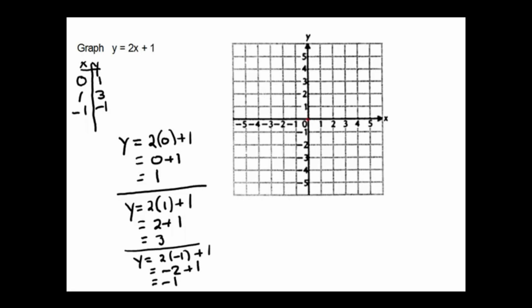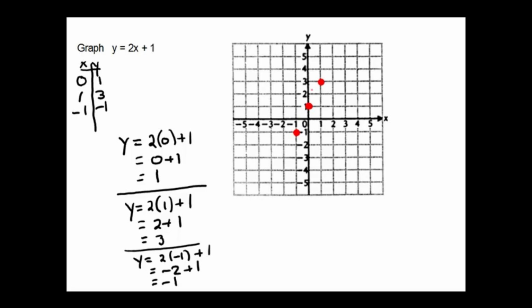Now we'll plot those points on our rectangular coordinate system. So first 0, 1. We'll start at 0, 0, and it says don't go over, but go up 1. We'll go back to 0, 0, and we'll go over 1 and up 3. 1, 2, 3. We'll go back to 0, 0, and we have -1 on the left and -1 down.